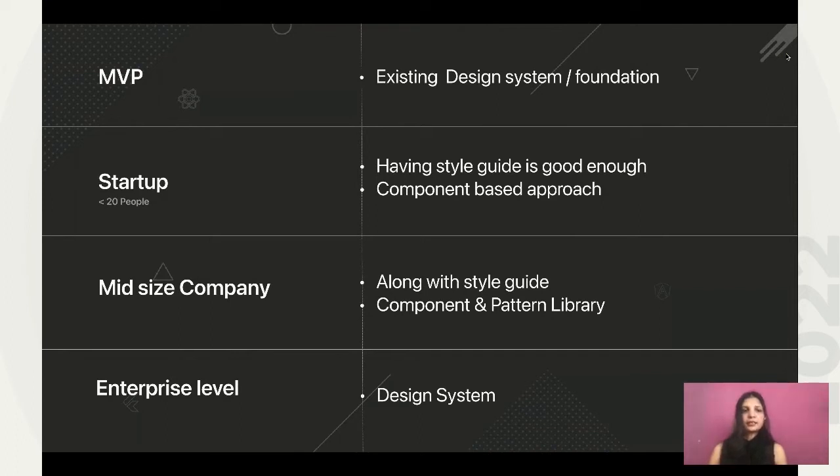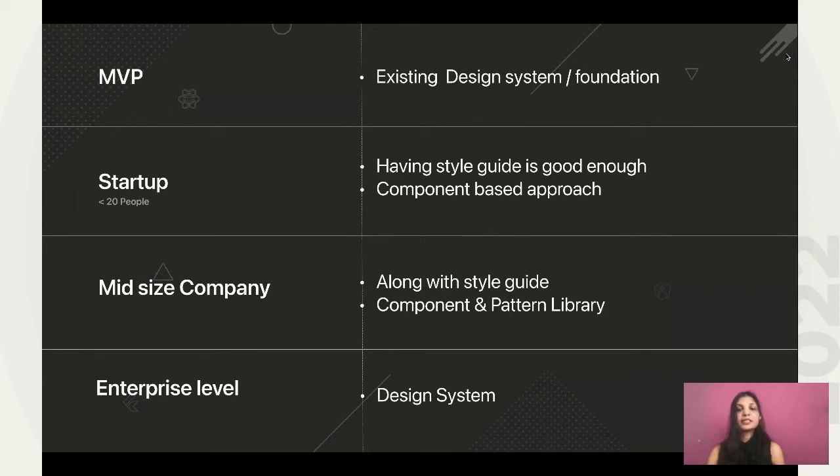But when we come to the startup, say a company of fewer than 20 people, where we have something ready and we need to keep things going, having a design system is important here. But I would say here we can have just a style guide setup and a component based approach to build things.